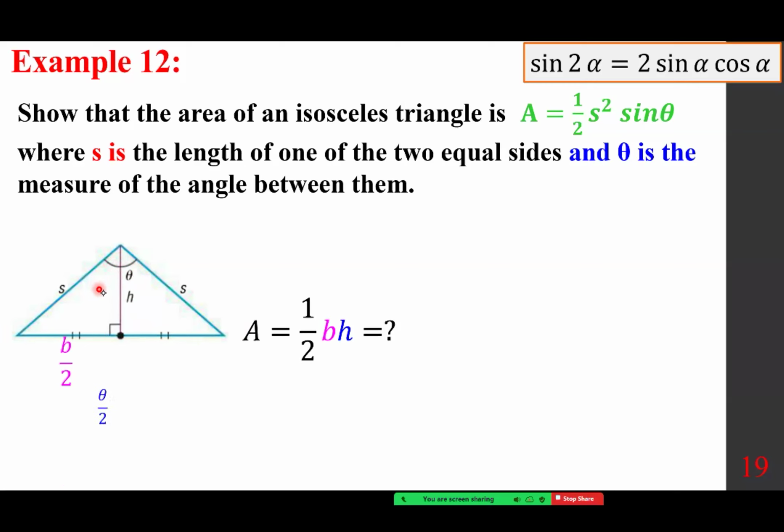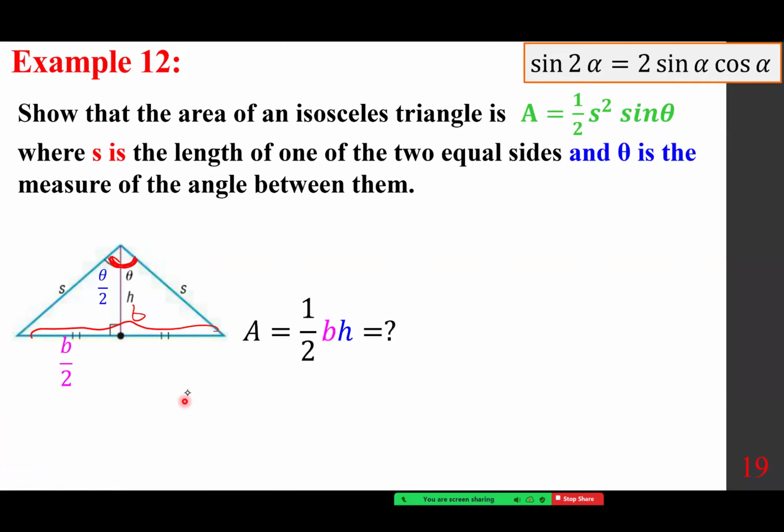So this is b over 2. This is theta over 2. Again, we are taking this to be b, and we know this is theta. So that's why it's theta over 2. So all you have to do, calculate the b and h and plug it in and see what happens.